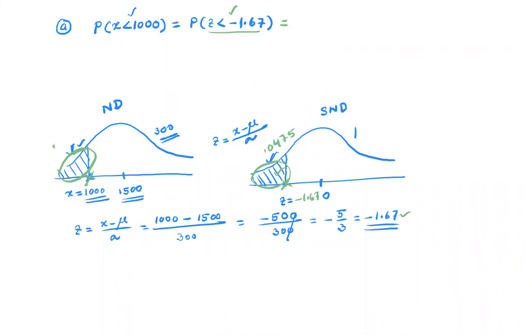Then this area is going to be 0.0475, which is the same as 4.75%. So the probability that a randomly selected person makes less than $1,000 is about 4.75%. Now, I think I have done this problem too here.